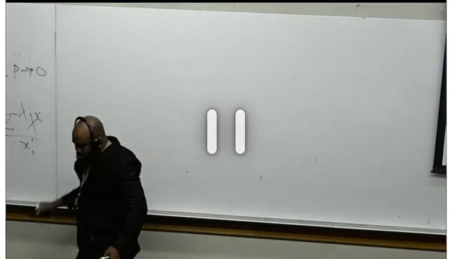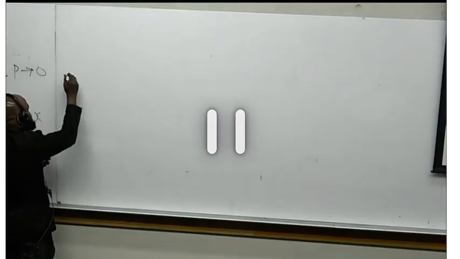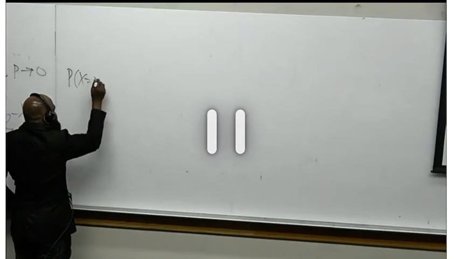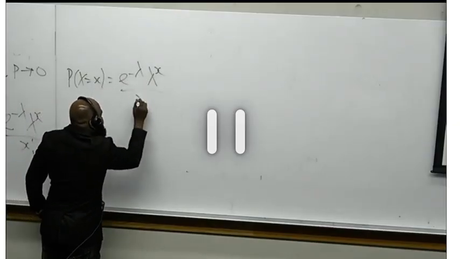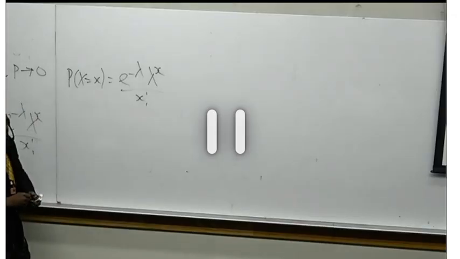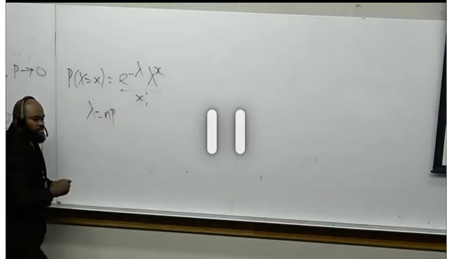And I need you to pay attention. This is the Poisson formula. In a Poisson distribution, the probability of x is e to the power minus lambda, lambda raised to power x over x factorial. I have to know that my lambda is np.